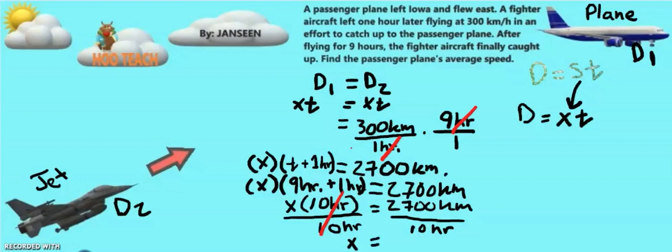So 2,700 divided by 10 will give you, so there you go. Now you know the speed of the plane. It's 270 kilometers per hour. So every hour, the plane covers 270 kilometers.